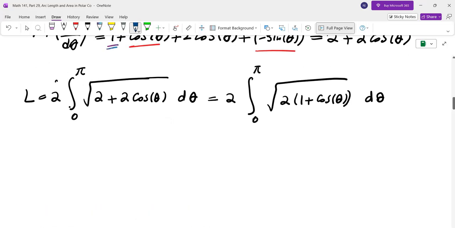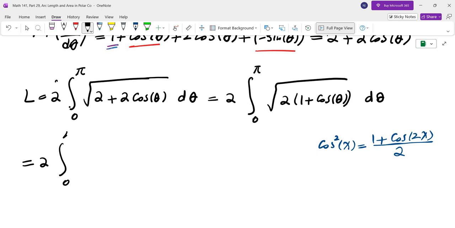So just to remind you, we had cosine squared of x equals 1 plus cosine of 2x over 2. If we use this formula, we would get 2 integral from 0 to pi square root of 2.